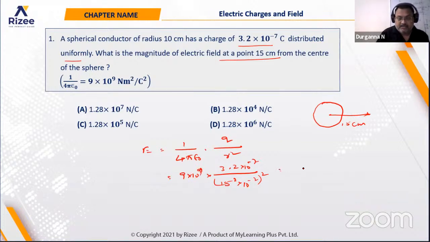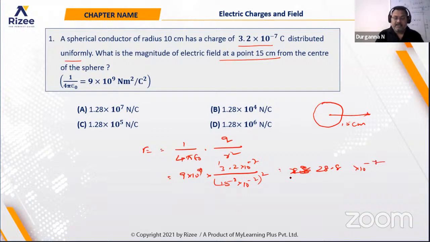So this is going to be 9 into 32, that is 288, that is 28.8 into 10 to the power of minus 7.